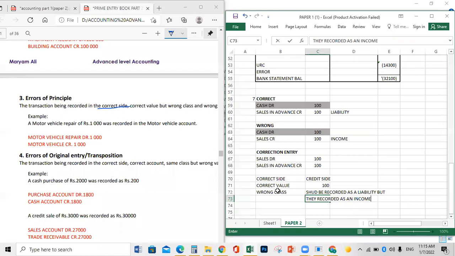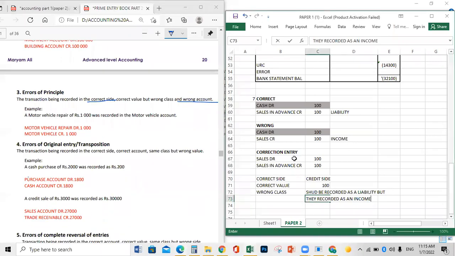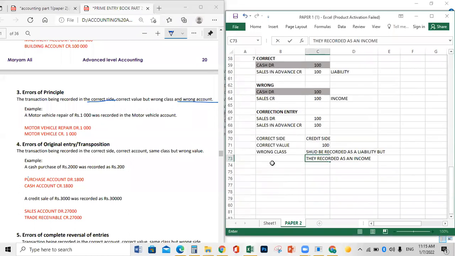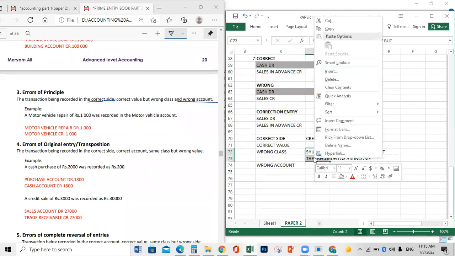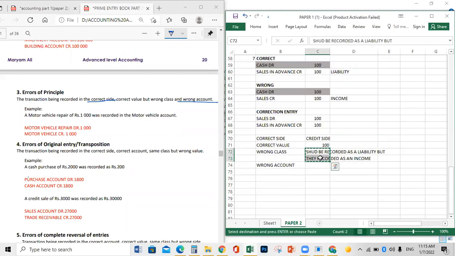Not only that, even your account is wrong. What is the account which is wrong? The correct account should be, sorry, the correct account should be the sales in advance account, but they went and recorded it in the sales account.